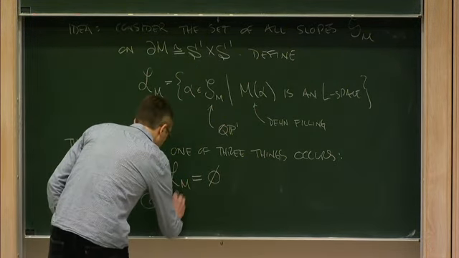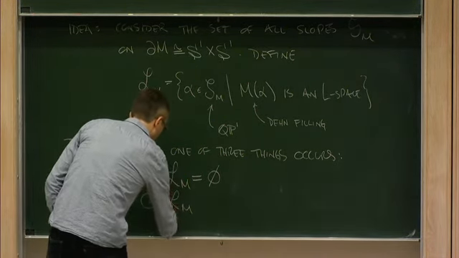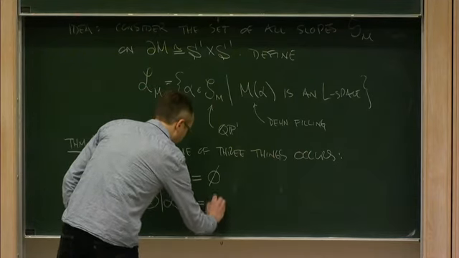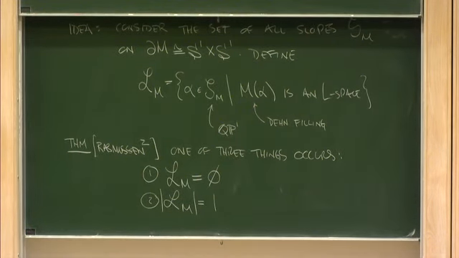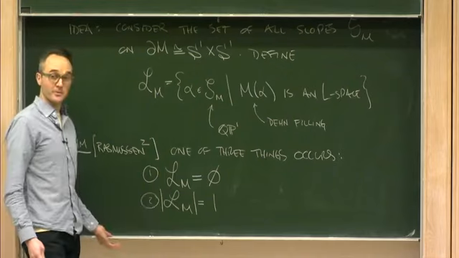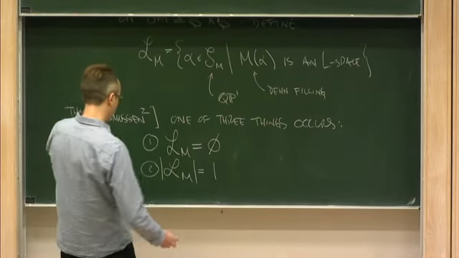Another thing that happens is that this set can have exactly one element in it. You could consider a knot in S3. S3 is an L-space, but maybe that knot has no other L-space fillings. This is your typical knot complement in S3.